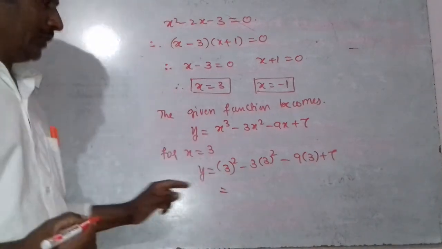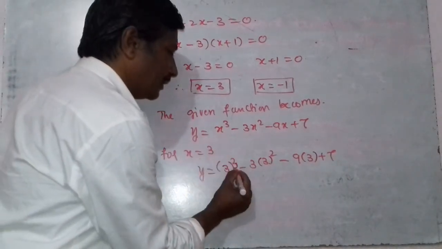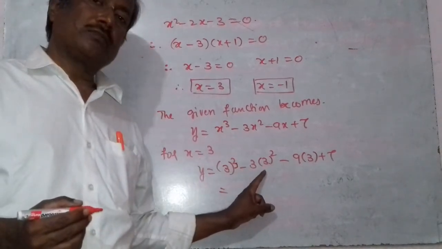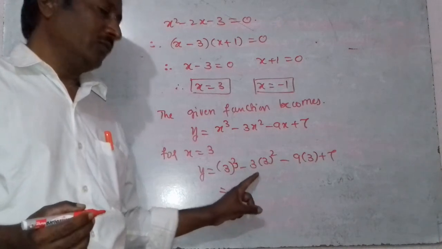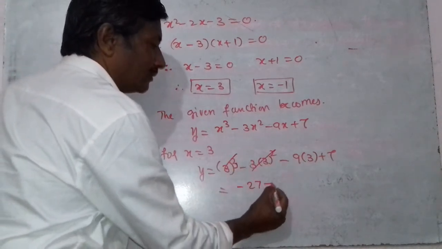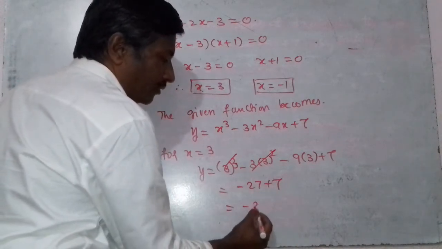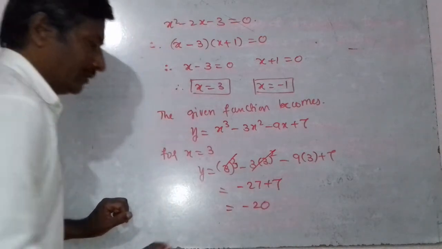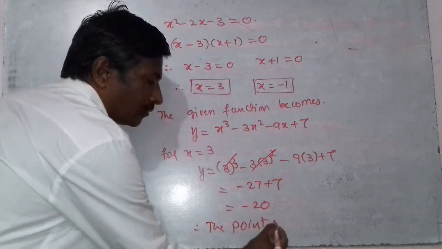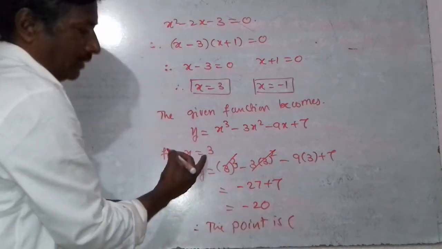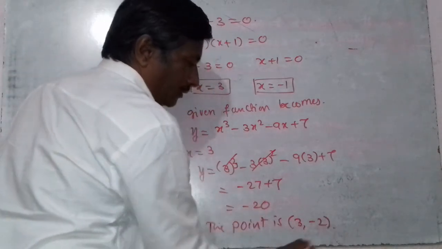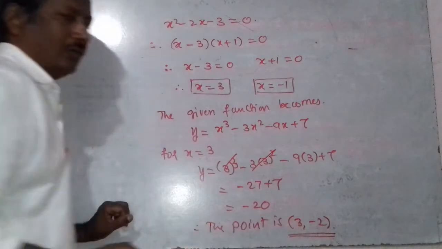This is 27 and this is also 27, so these two get cancelled. Minus 27 plus 7 is equal to minus 20. Therefore, the point is 3 comma minus 20.